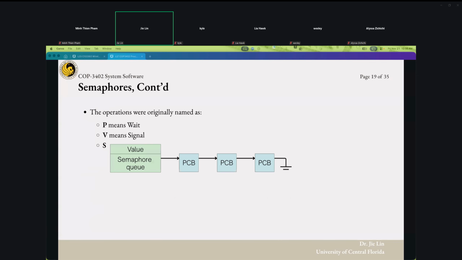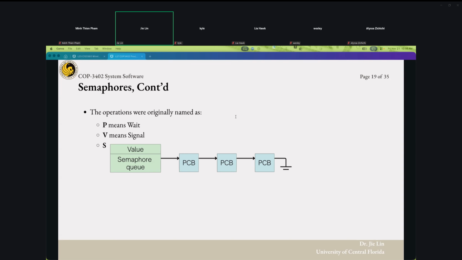German? Nah. Dutch. Okay, it's Dutch. I cannot pronounce it, but it is spelled Proberen. That's a Dutch word meaning to test. And V is also from Dutch, spelled Verhogen, meaning to increment.